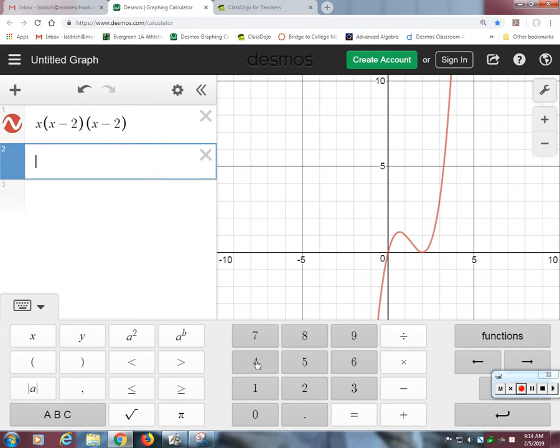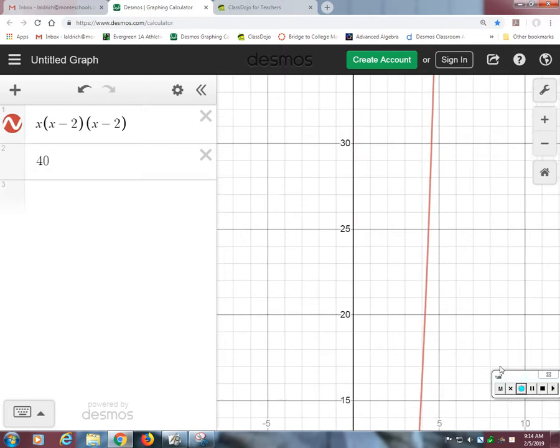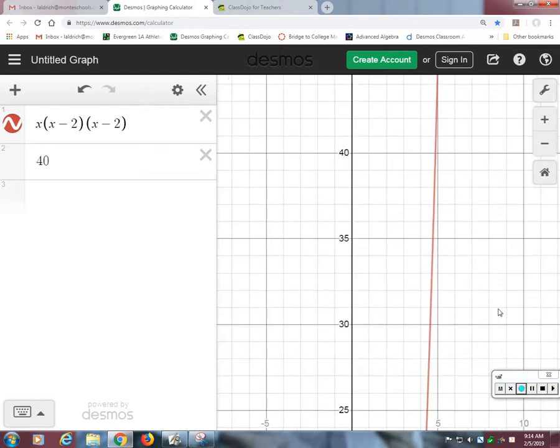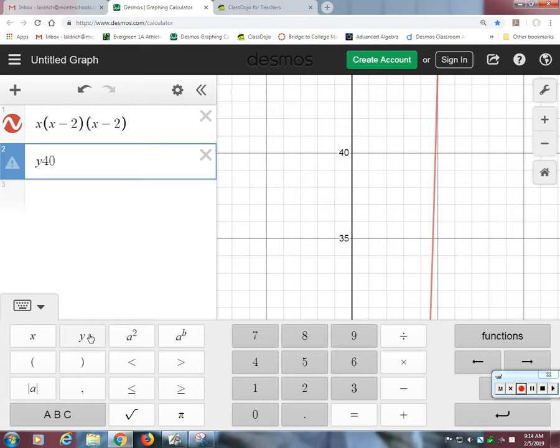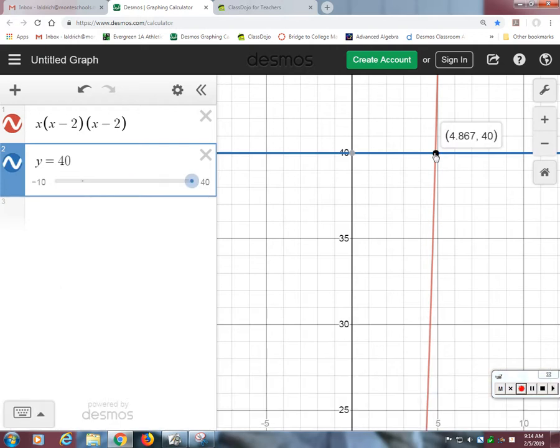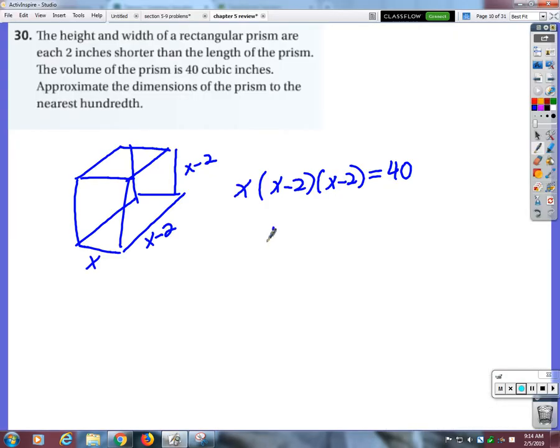And let's see when that equals 40. 4.87. Works. And that would actually be just plain old regular inches. Okay, good enough for you guys?